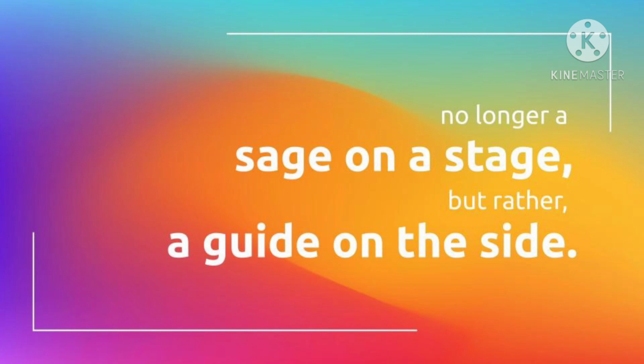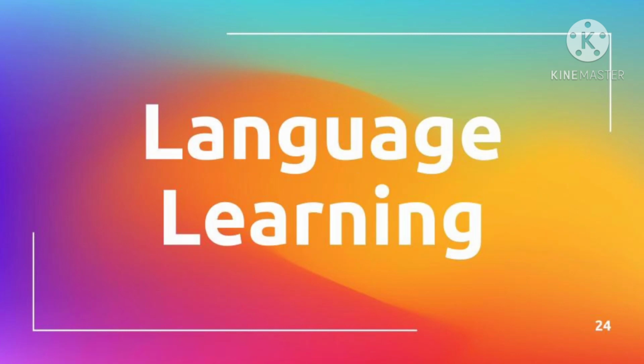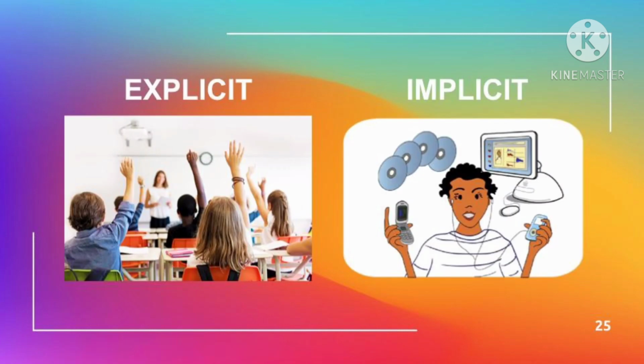And finally, class, the last term is language learning. Learning about how to use a language can either be an explicit or implicit process. Kapag sinabi nating explicit, class, this is usually language learning that happens through formal education. So this happens inside the classroom with the help of teachers.